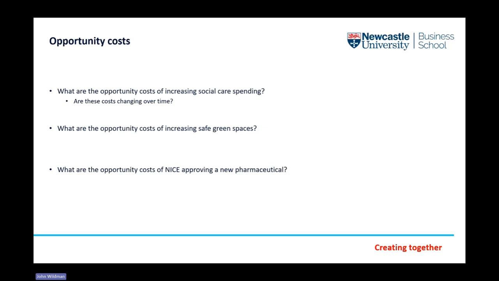We're currently working with Islington Local Authority as part of the School of Public Health Research to help them understand some elements of their social care spending, how you can predict that, and think about a resource allocation model around it, so that you can think about where else our money could be spent if we're not increasing our social care spending? And of course, opportunity costs aren't necessarily static. They will change over time.